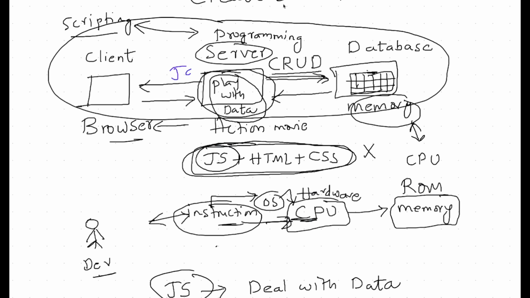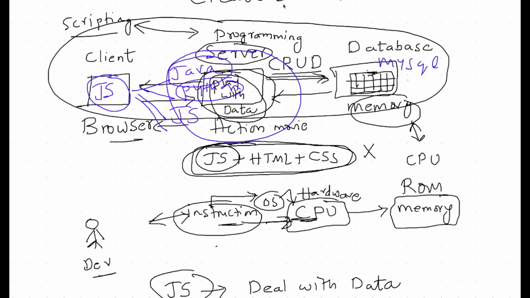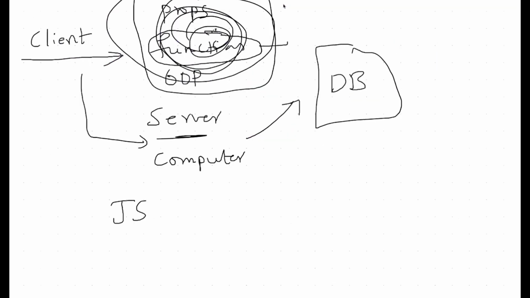You can use Java, Python, Ruby on Rails, or JavaScript to build the server. But the good thing is JavaScript works with any of these. You can build your client with JavaScript, put your server on Java or Python, and use any database that you have here, MySQL, Mongo, likewise. Clear now? So it is up to us.